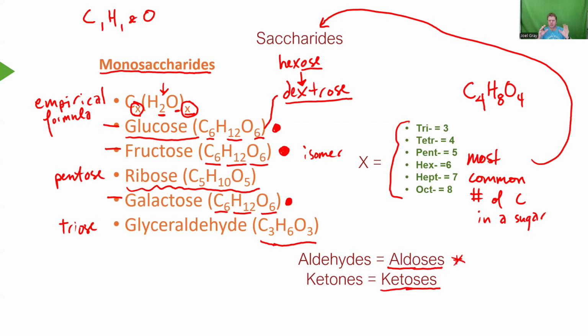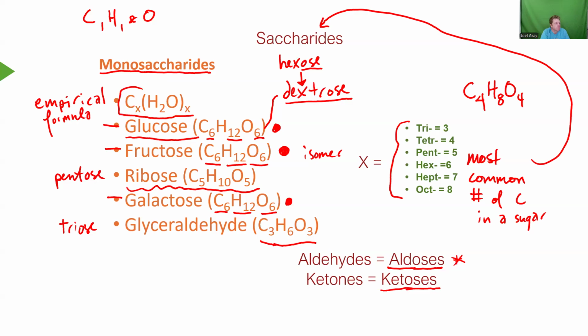So this slide right here, there's a lot to unpack. We've got some examples of specific sugar names. If you're to walk away with anything from this, I would walk away with a couple of things. One, that empirical formula, the ratio of our carbons, hydrogens, and oxygens to one another.